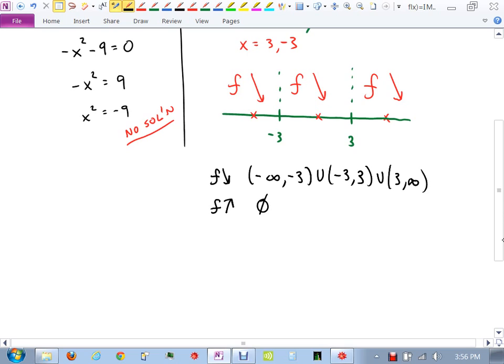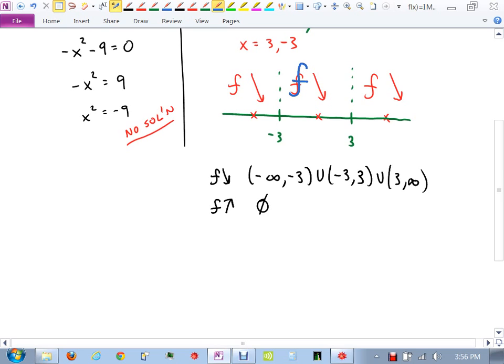All right. Do we have any local max, local min? Do you ever see a change from decrease to increase? Now look, I know it's been a long day. I know y'all are ready for the end of the summer to come, but I need you to pay attention to this.